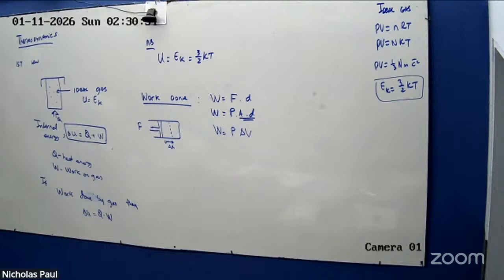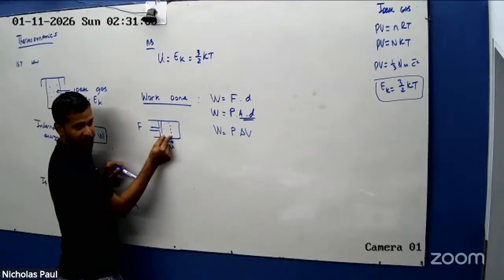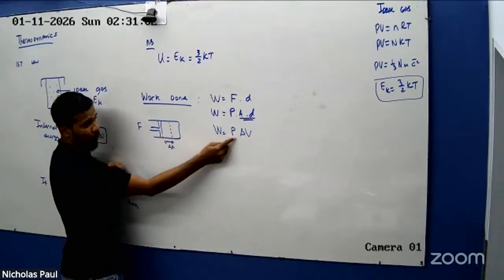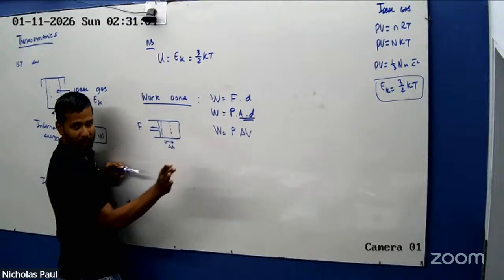While you're writing, what would happen if you have gas and pressure, but there is no change in volume? Suppose you're applying a force here on the piston, but there is no change in volume. How much work is that? None. So if you're applying a force here and this is not changing, although there's pressure in here, no work done.